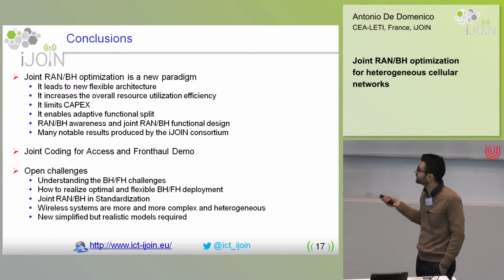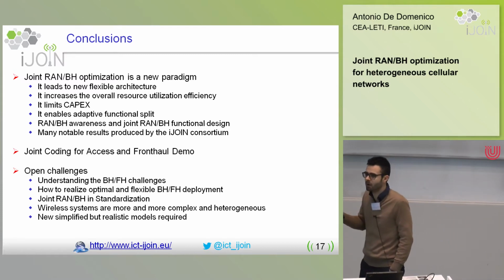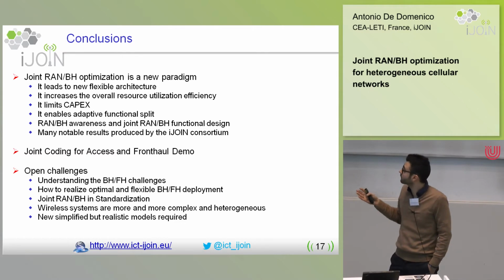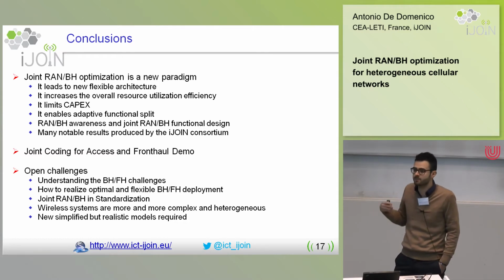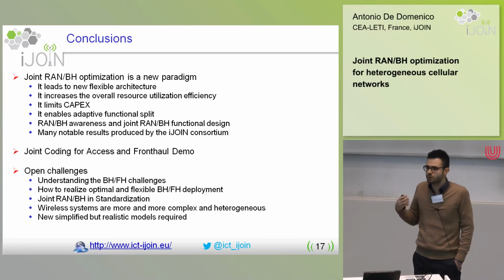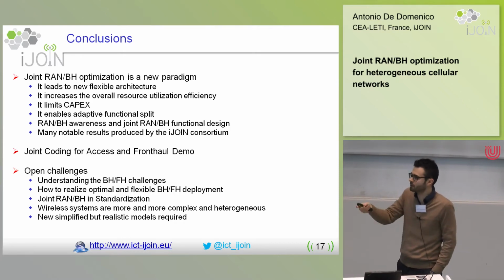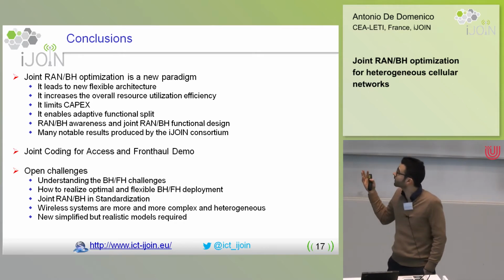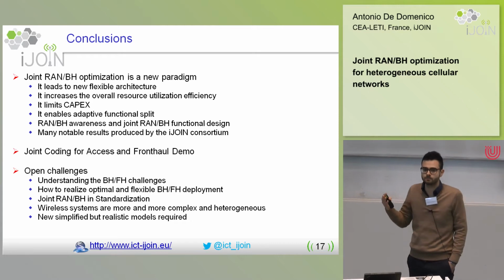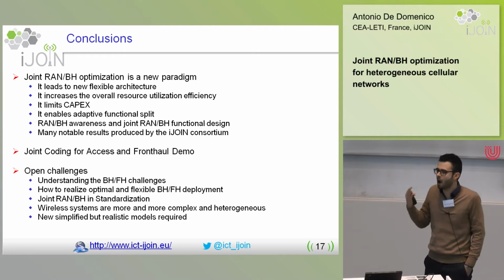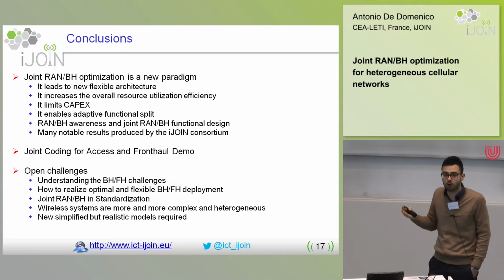Also, in terms of standardization, this joint RAN and backhaul is an open point. And for the future, wireless systems are becoming more and more complex and more heterogeneous. So it's important. Peter has talked before about stochastic geometry; fuzzy learning can be a very good solution that permits understanding how these complex systems work and optimizing them.